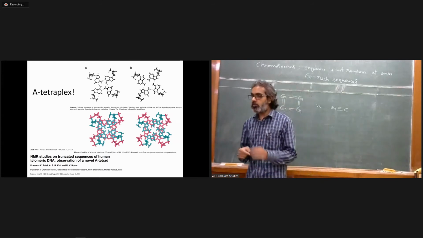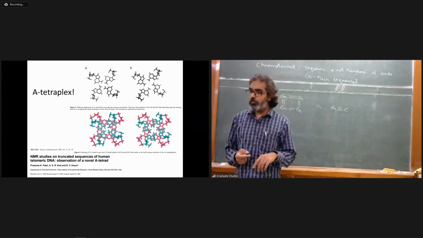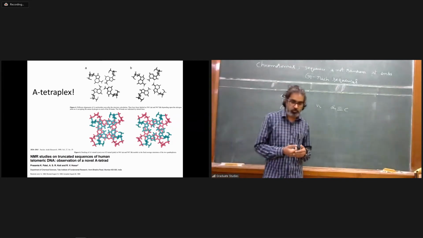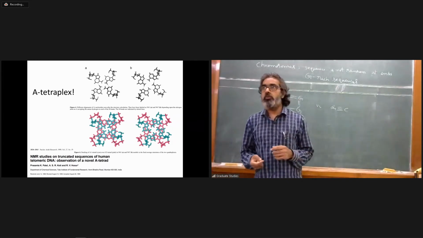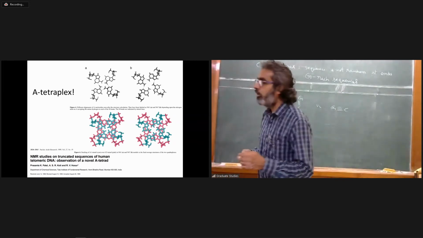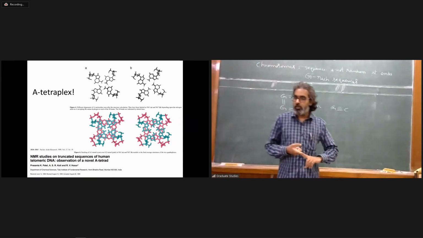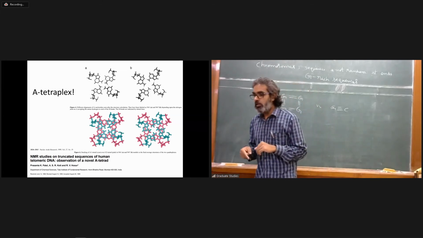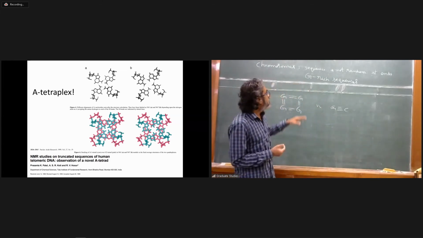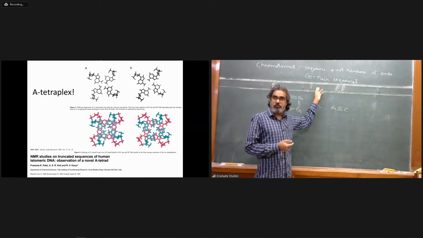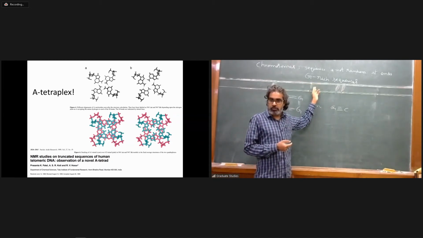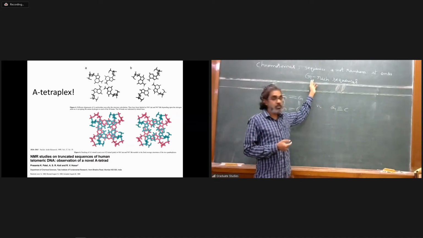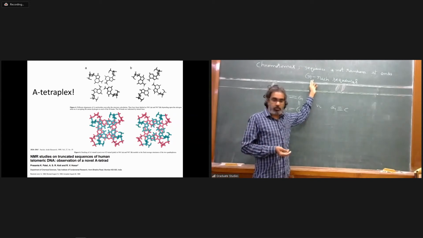However, towards the ends of the chromosomes you don't always need a complementary strand, but the strand itself can form rich structures. Imagine if something is G, the complementary strand would be C. So either you can have GC double-stranded DNA, or G itself is able to form tetraplexes, and C itself can form tetraplexes.